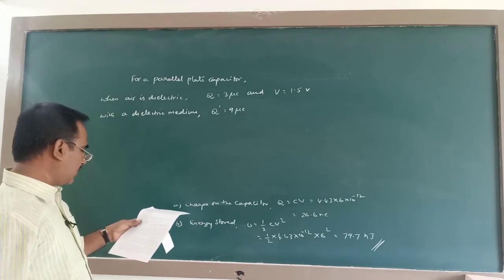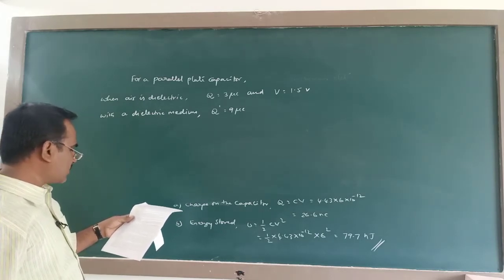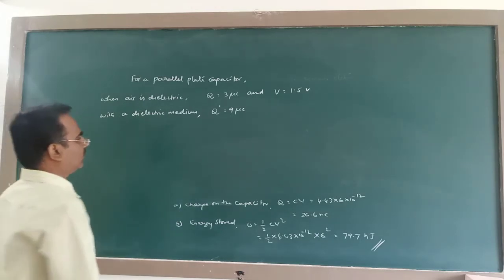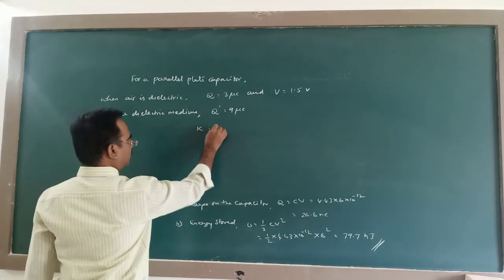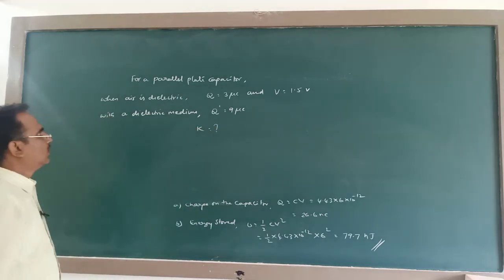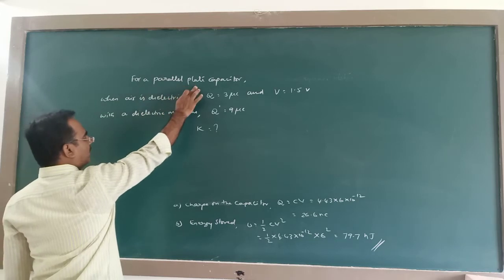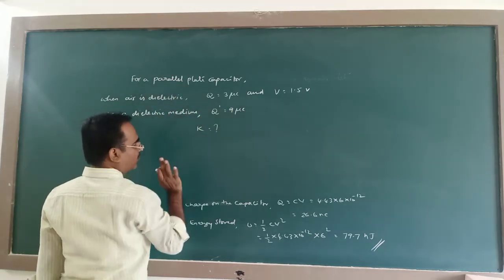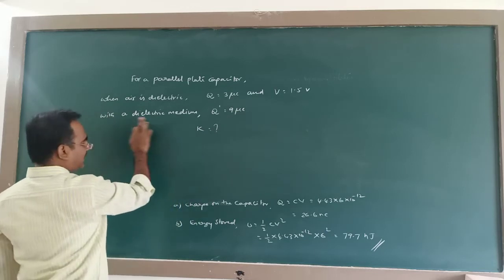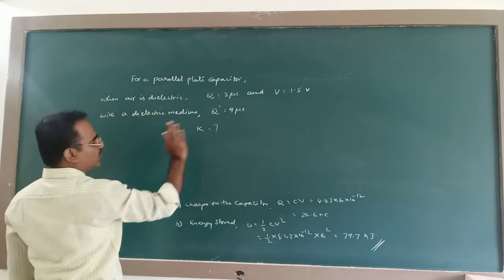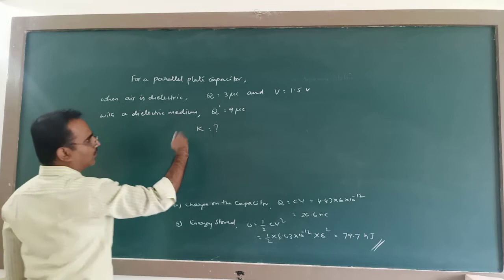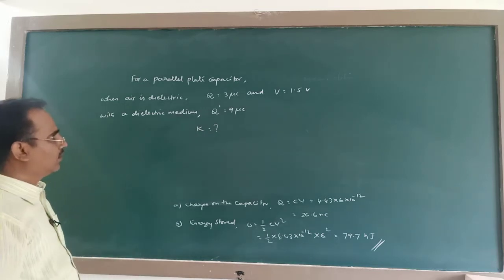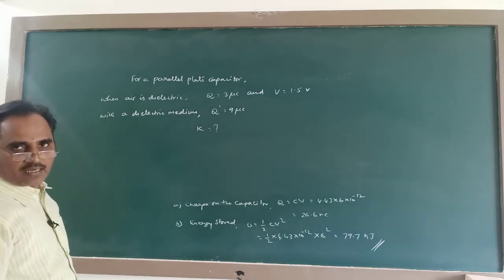So you are asked to calculate the dielectric constant of the material. You are asked to find K. For a parallel plate capacitor, when air is dielectric, it collects this much of charge at that potential. When a dielectric medium other than air is used, it collects this much of charge. So you are asked to find the dielectric constant.